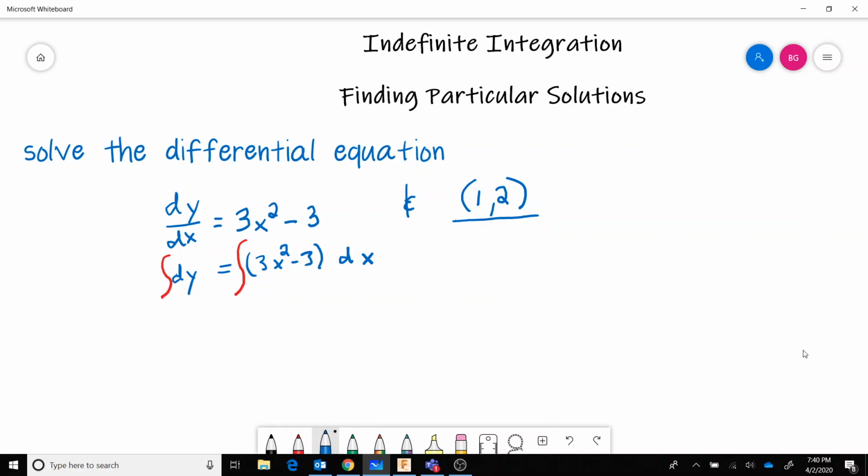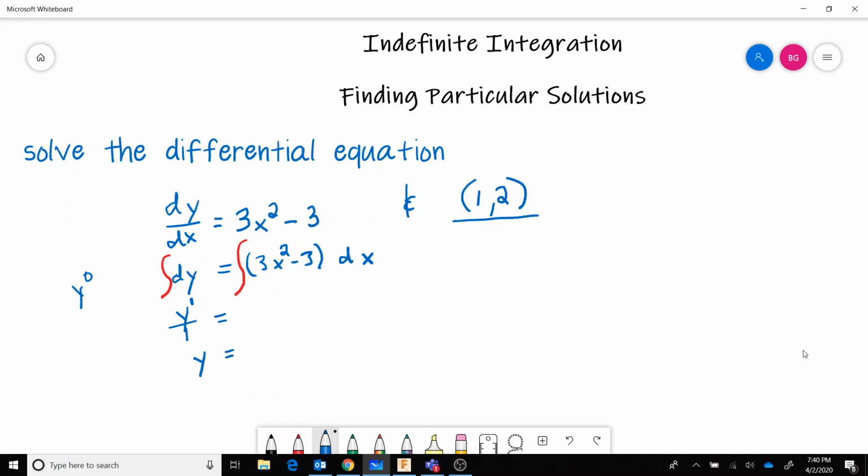Okay, and so let's think here. What I really have in front here is, it's not written, but there's really a y to the 0 right there. So I add 1 to the exponent, so I get y to the first, and I divide by that exponent, so y to the first divided by 1. Well, y to the first divided by 1 is just simply y.